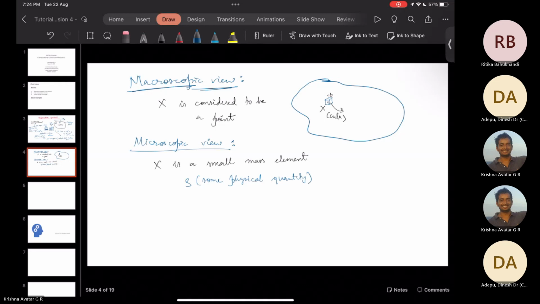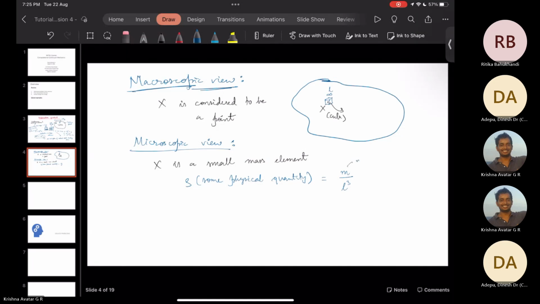Now at the microscopic view, X is a small mass element and rho is some physical quantity defined over it. In this case, let's call it the mass of the element divided by the volume L cube. Now this is what we call density, isn't it?